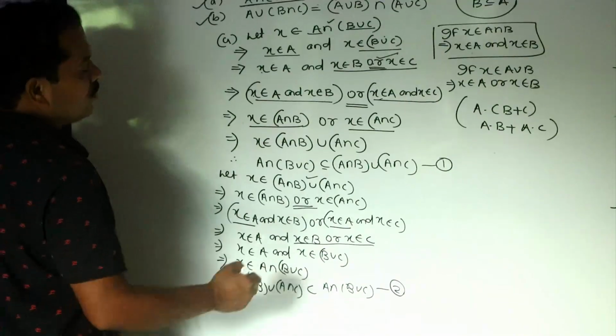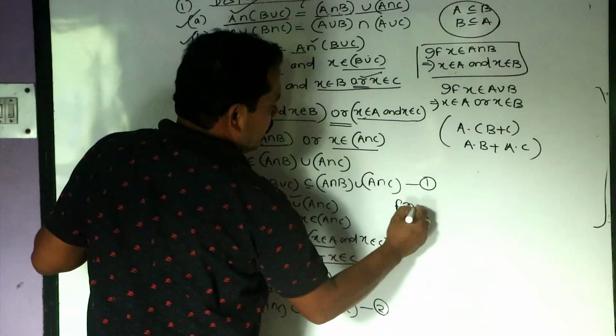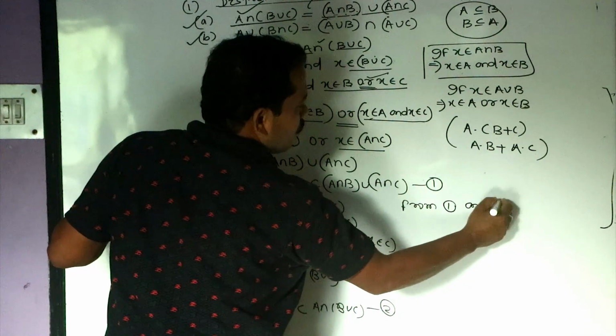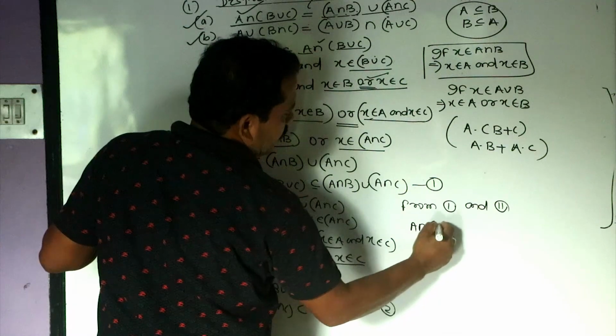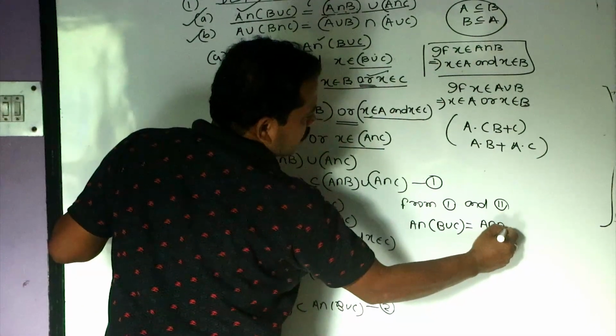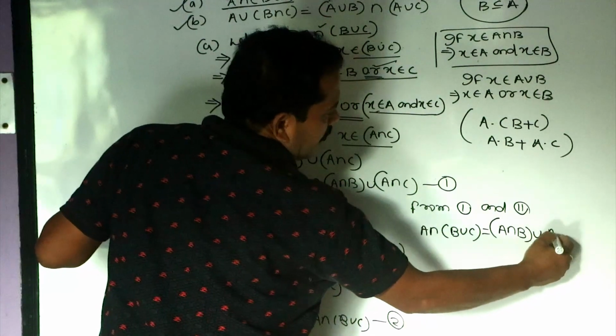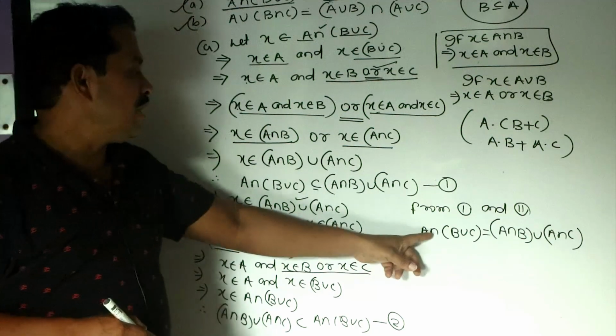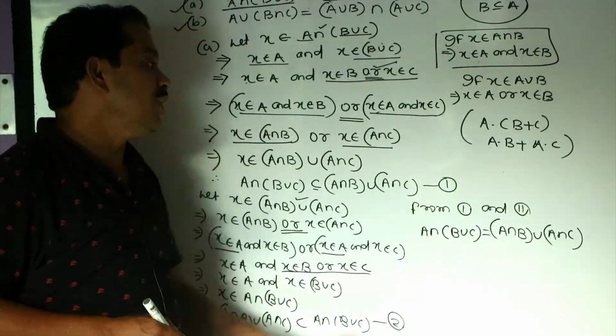From 1 and 2, we conclude that A intersection B union C equals A intersection B union A intersection C. Means intersection is distributive over union.